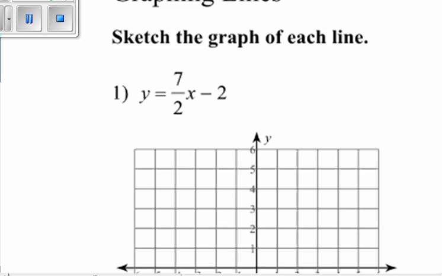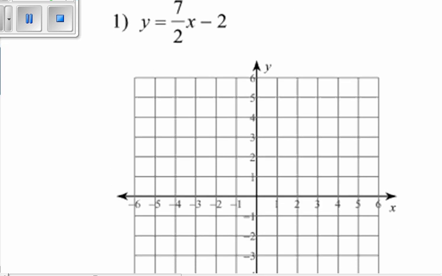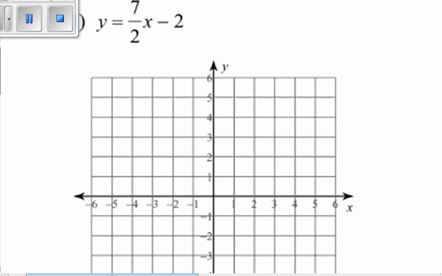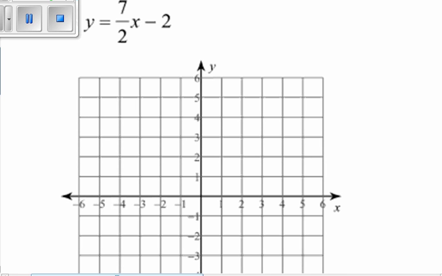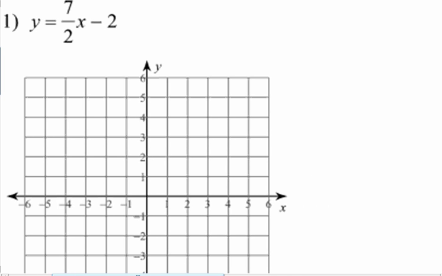And so the function that we're going to be graphing is y equals 7 halves x minus 2. And so this function is in what we call slope-intercept form. Now, slope-intercept form generically is written y equals mx plus b.